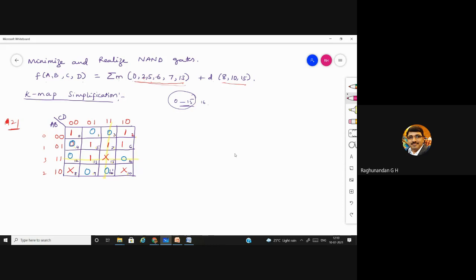Now, in order to group, this don't care, I told you, based upon your convenience, can be considered as 0 or 1. When I consider this 4 together, if this position is considered to be 1, then I make this 4 as one group. That's why I will assume this don't care function as 1 for my convenience, and I'm going to make this as one group.